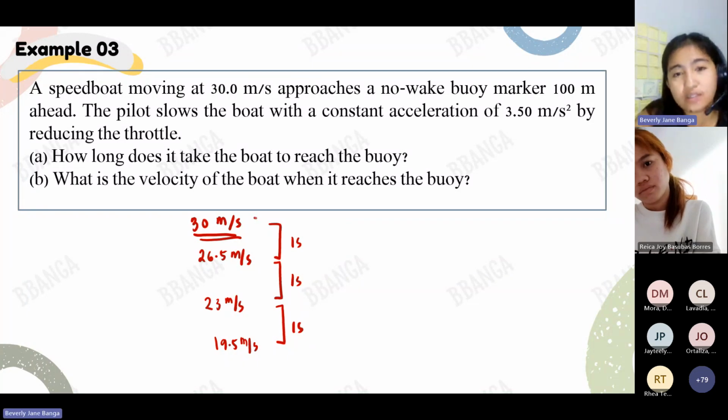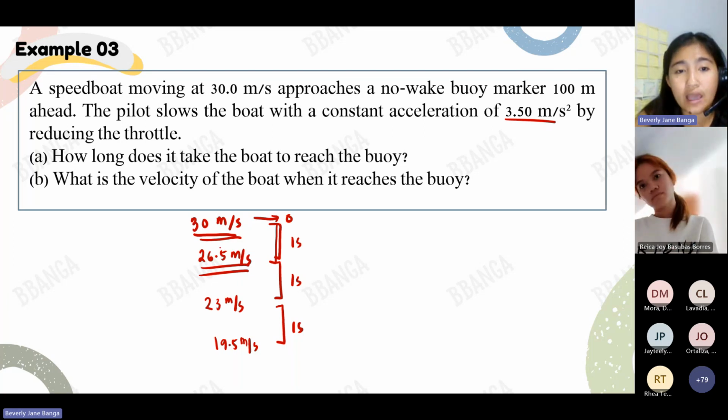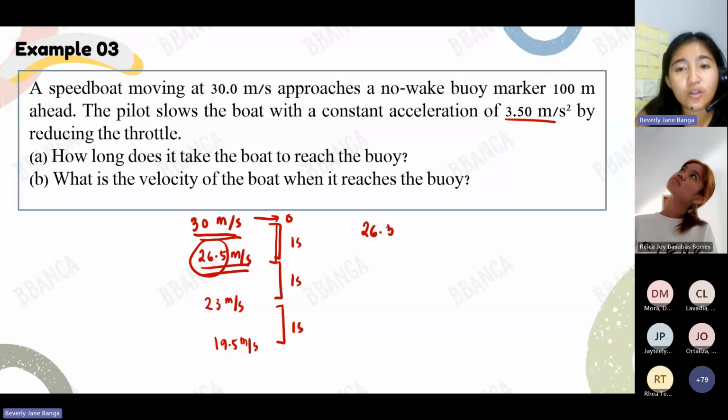So, say for example, this is time 0, and then 1 second later, nag-decelerate siya to 26.5 meter per second. So in 1 second class, ilang meters yung nabiyahe niya? Nakatravel na siya ng 26.5 meter in 1 second.